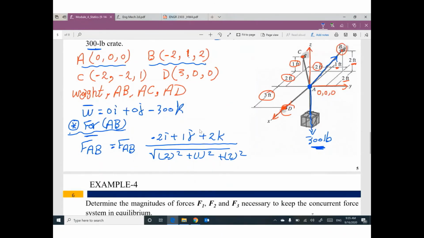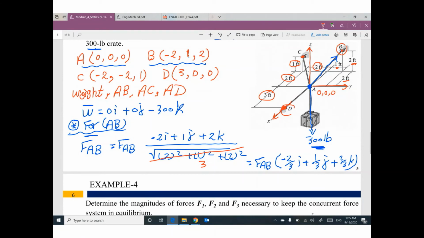You can simplify these terms: 4 plus 1 plus 4 under the square root. So FAB times -2/3 i, +1/3 j, +2/3 k. This term will be 3. Keep going.